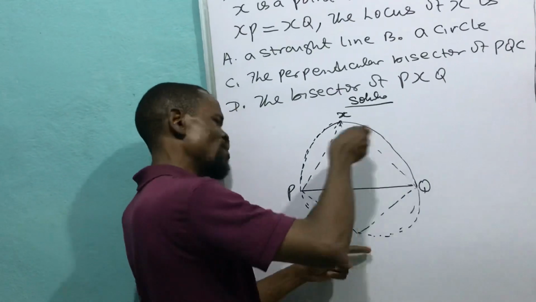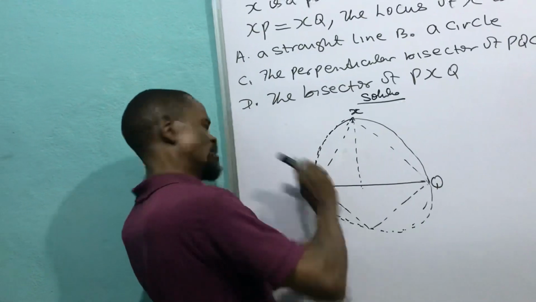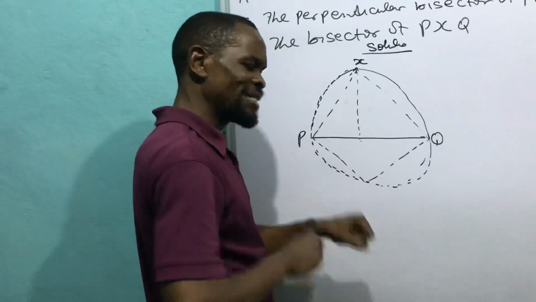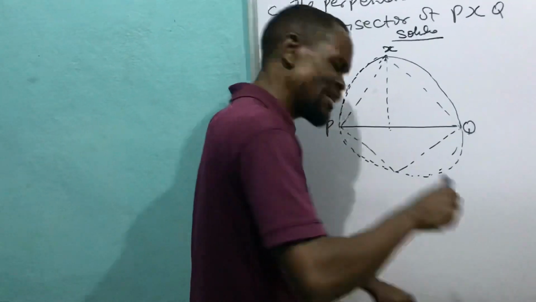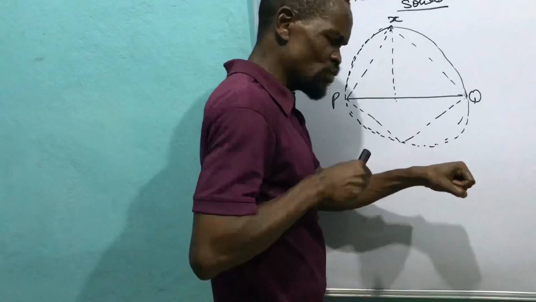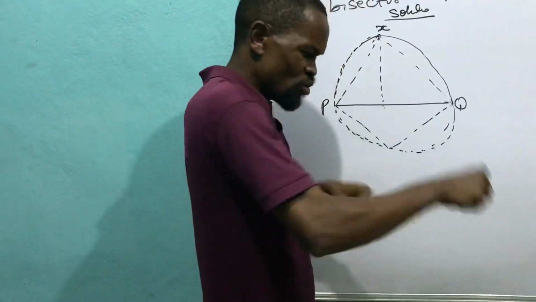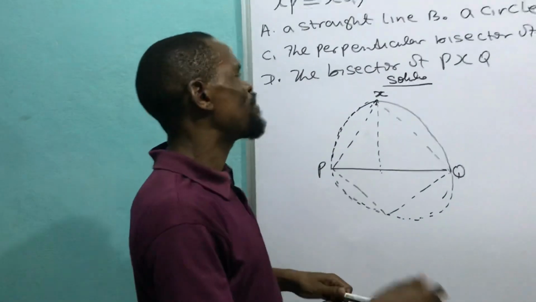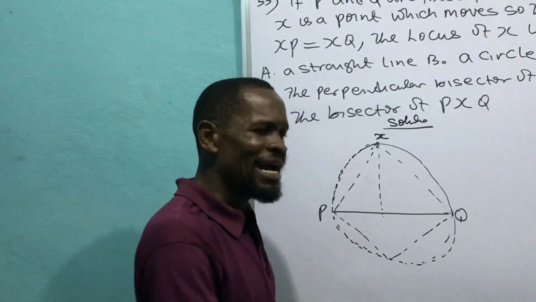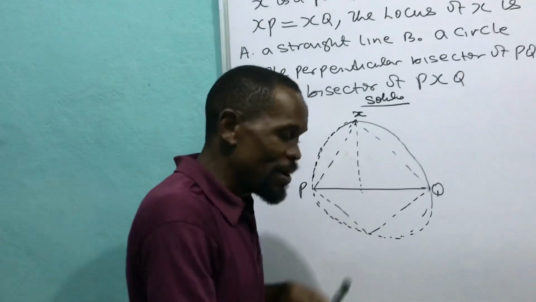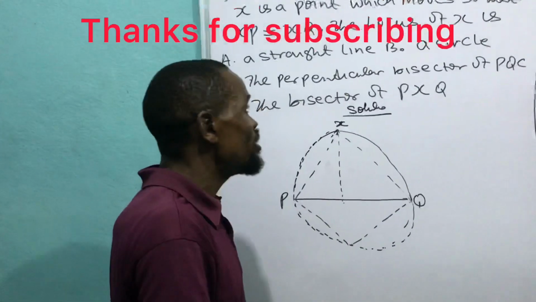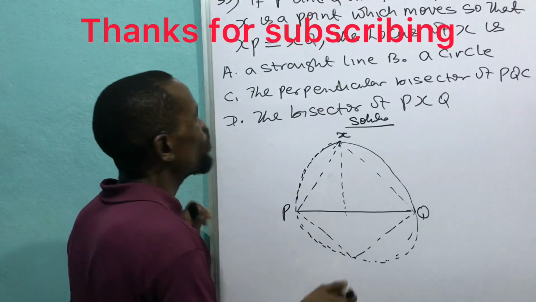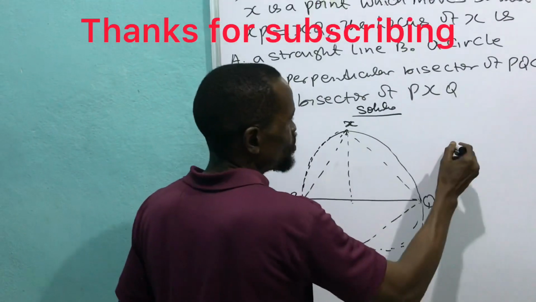Just like the pedal of a bicycle, at each point it is equal. The locus of a bicycle pedal is just like what they asked us here. So option B, which is a circle, is the answer.